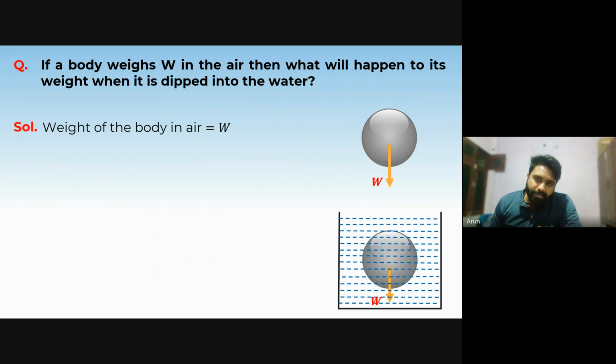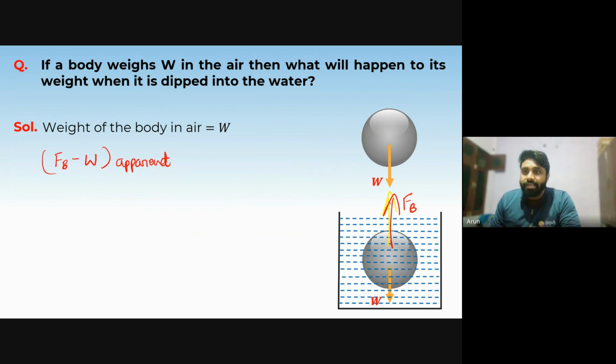The water will exert the buoyant force on this body in the upward direction. This is FB. So the net resultant weight of this body will be given by weight minus FB. This is called the apparent weight, the weight that we feel inside the liquid. This is the apparent weight.